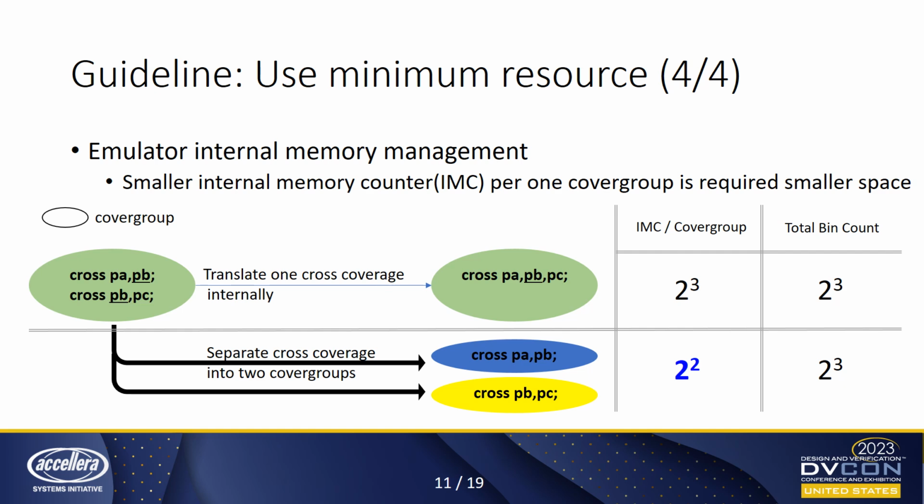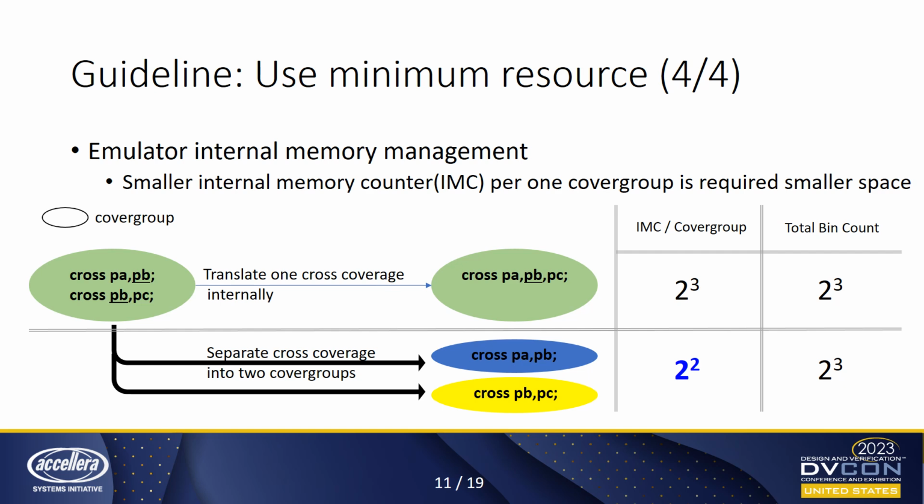In the case of the example I mentioned in the previous slide, a couple of cross coverages having one same cover point are translated to one cross coverage internally in the emulator, and the translated cross coverage internally needs 8 internal memory counters.